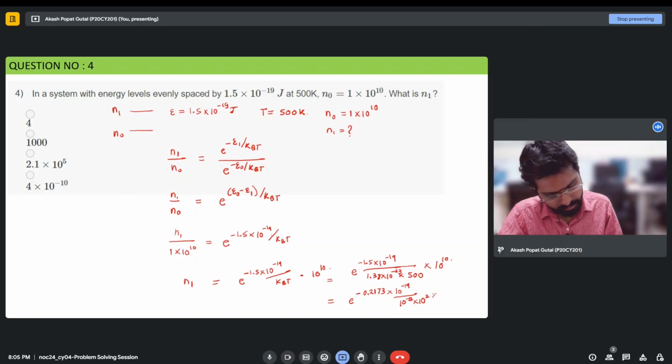Okay, and into 10 raised to 10. This is in an exponential.